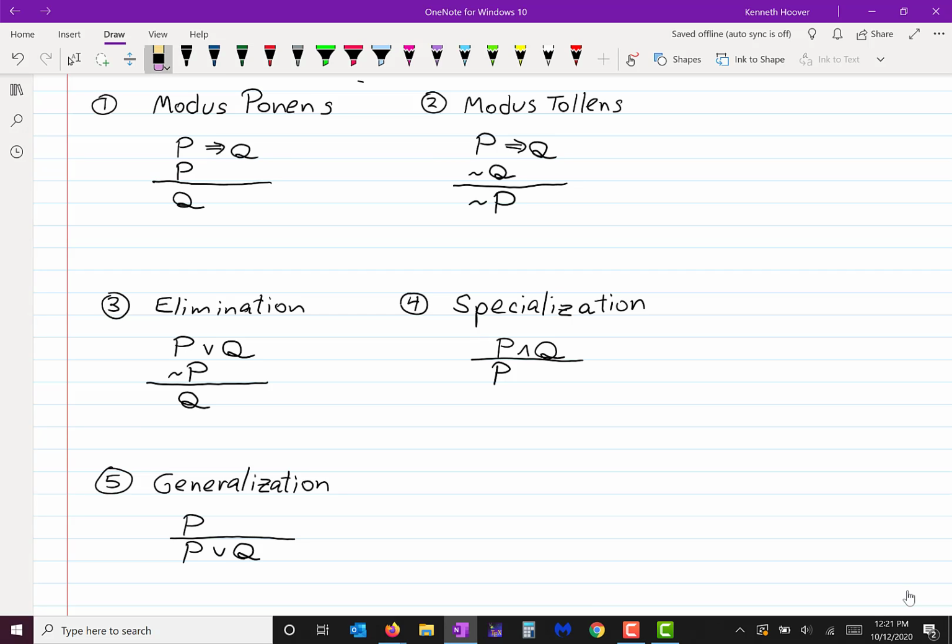It looks almost like a union symbol. Of course it should not. There we go. Okay, and another example of generalization would be if we are given a statement Q and we conclude P or Q.